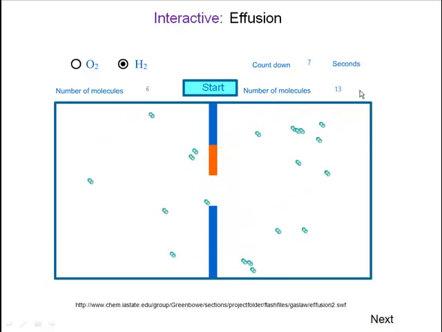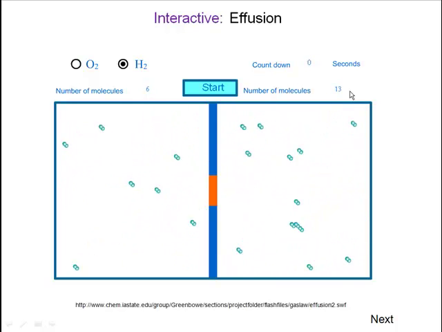So 14 and 5, 6 and 14. All right, we close it up. We've got 13 on the right and 6 on the left. 13 and 6 for hydrogen.